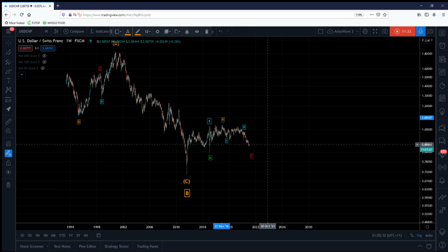It's going to be wave C of wave 4 of this ending diagonal, which is going to be drawn out, expanded, right? So yeah, absolutely, the US dollar is in a downtrend long term. But the problem is that there's a lot more to it when your wave 4 expands and we're dealing with big patterns that span large time frames, right?